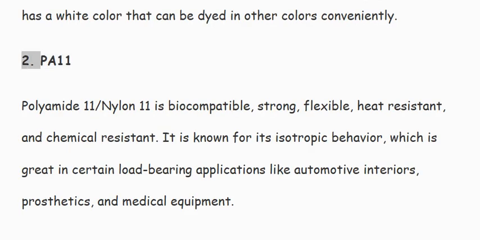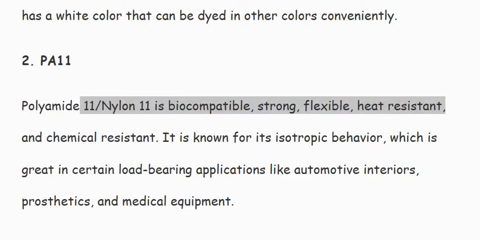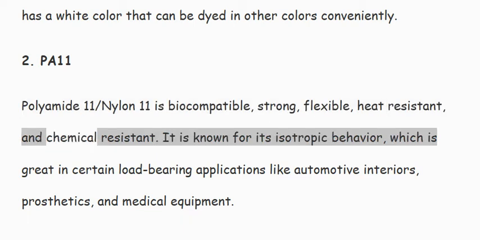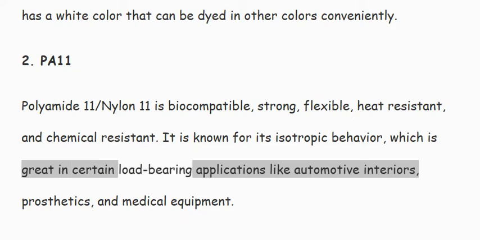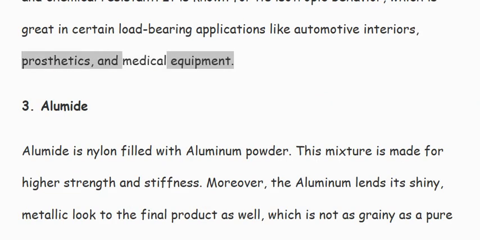2. PA 11. Polyamide 11, or nylon 11, is biocompatible, strong, flexible, heat-resistant, and chemical-resistant. It is known for its isotropic behavior, which is great in certain load-bearing applications like automotive interiors, prosthetics, and medical equipment. 3.